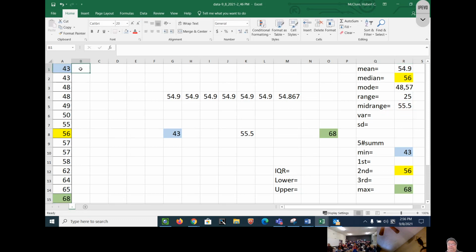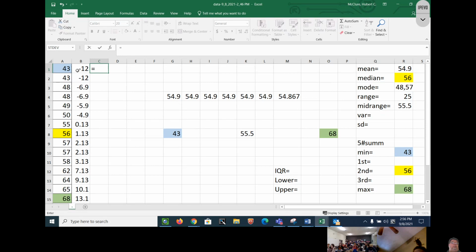Variance. To that number minus this number, and copy that down. And square that number, and copy that down.